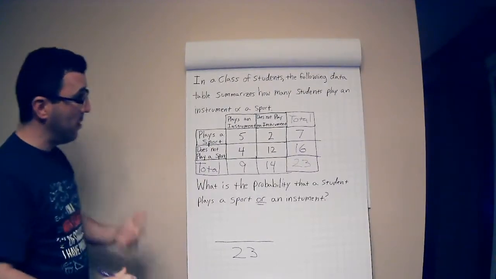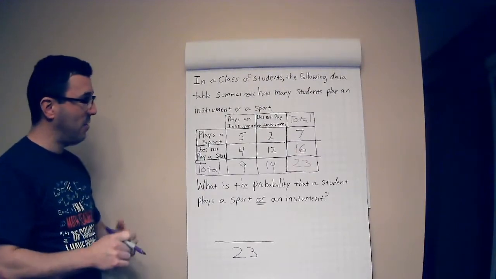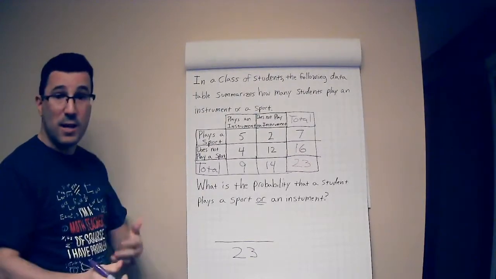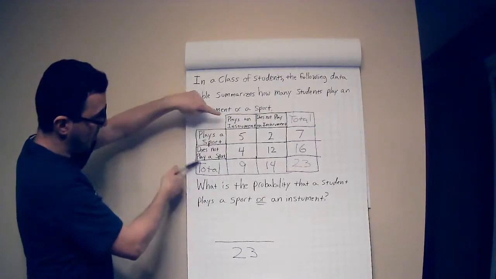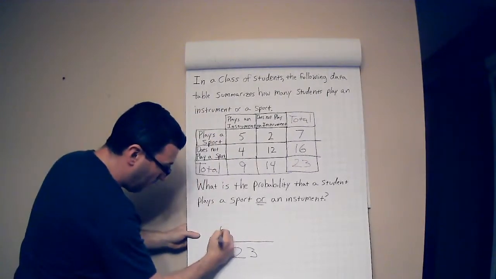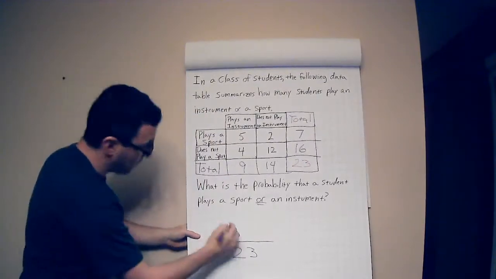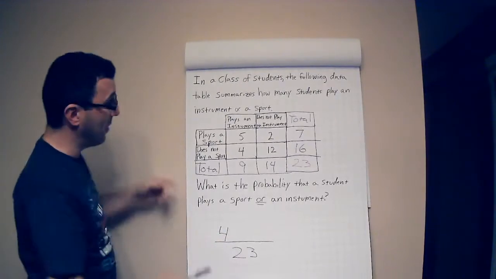And then what I'm going to do is ask, well, how many students play an instrument but not a sport? So here's plays an instrument, and here's does not play a sport. That's 4. So I have 4 students there. How many students play a sport but don't play an instrument?